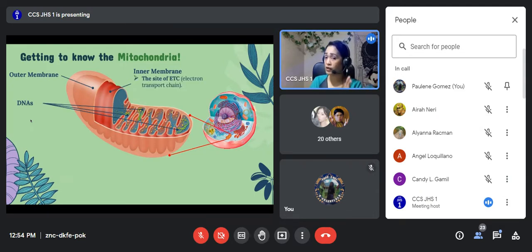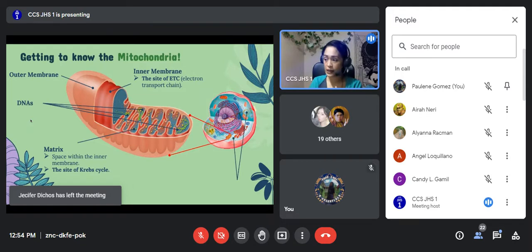Take note, the inner membrane is the site or location for the ETC, electron transport chain, which is the third stage of our cellular respiration later on. Then we have the matrix, the space within the inner membrane, which is the site or location for the Krebs cycle or citric acid cycle, the second stage of cellular respiration. And then lastly, we have the cytoplasm.